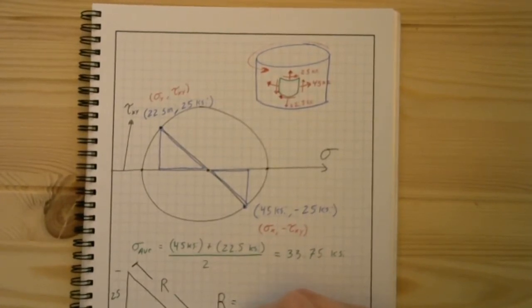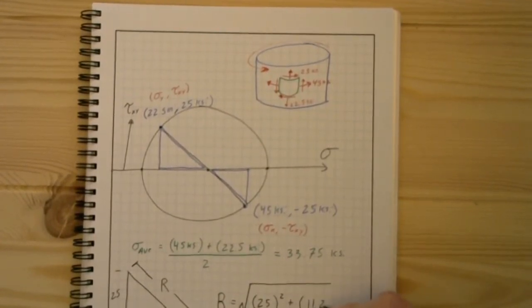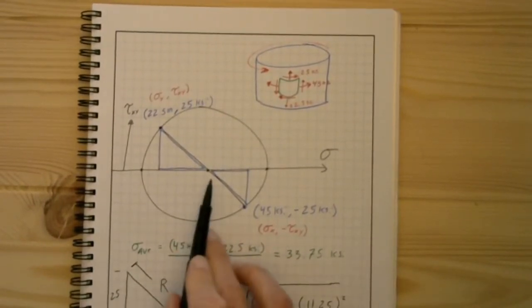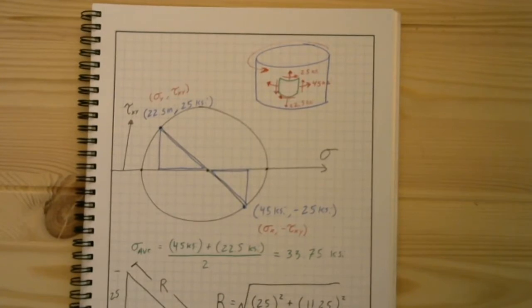So the radius is going to be the square root of the sum squares of these components. 25 ksi squared plus, let's call that 11.25 ksi. Just the distance from there to there. And that is going to end up being 27.4 ksi.